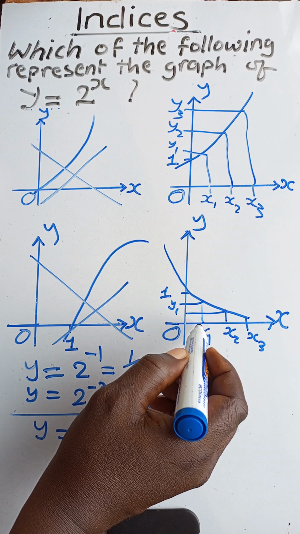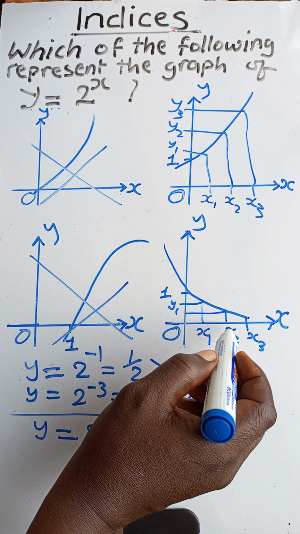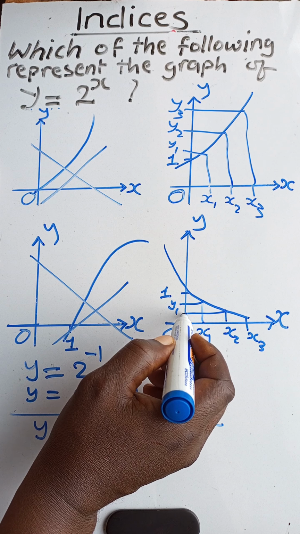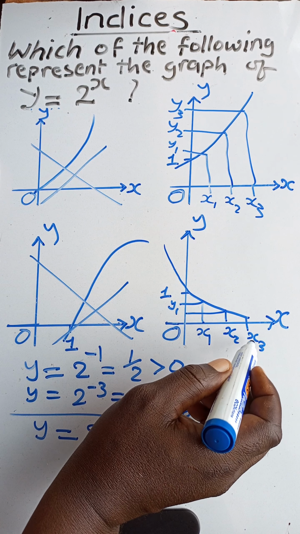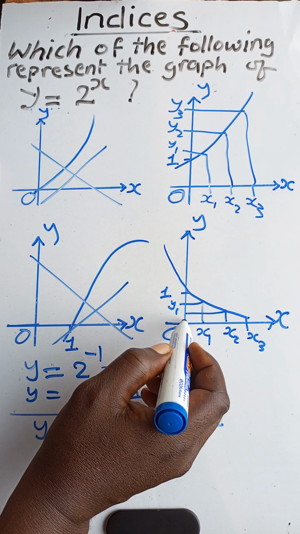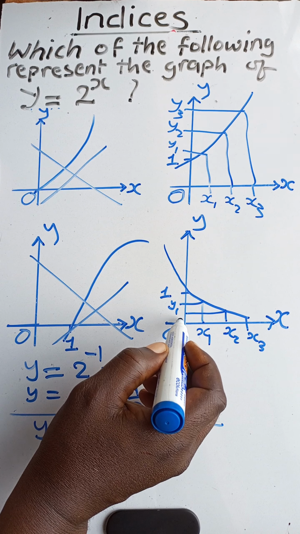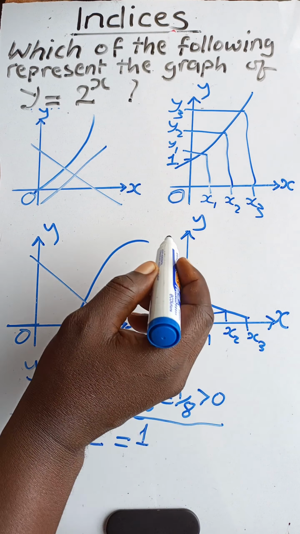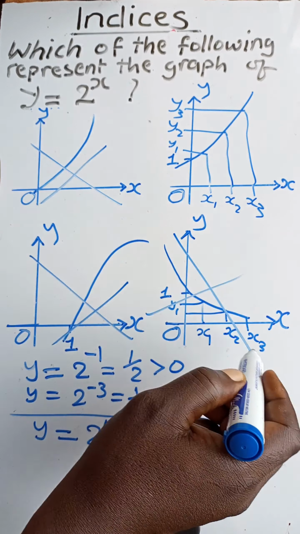This is x1, it gives us this value, and x2 should correspond to y2. See, y2 is instead smaller than y1. And of course, y3 down here will come somewhere far even smaller. So this graph is telling us that when the values of x are increasing, the values of y are decreasing. And that is not true from the simple analysis that we just saw. So this option is out.